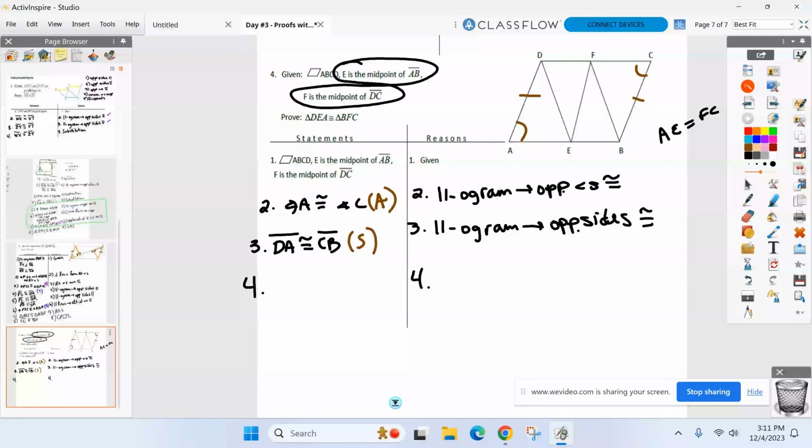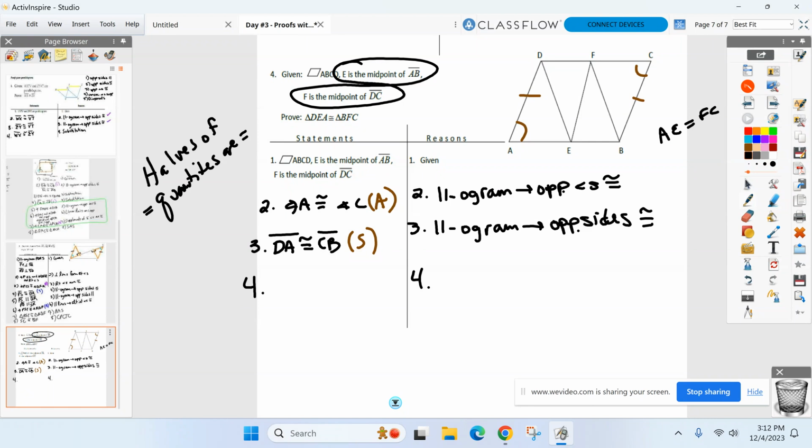A midpoint breaks a line segment in half. So if you remember back from Unit 2, we're going to use what was called halves of equal quantities are equal.